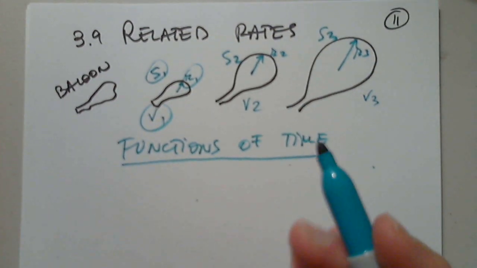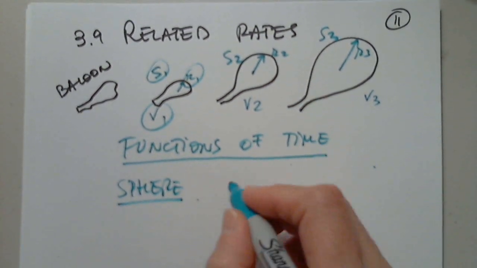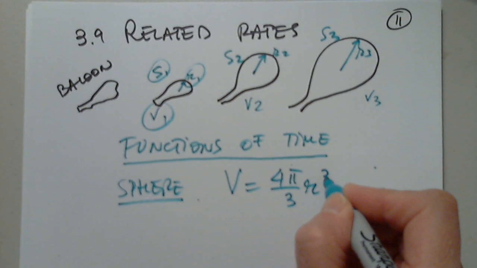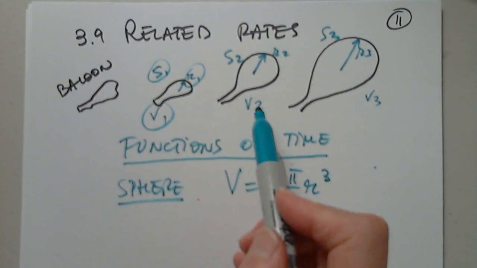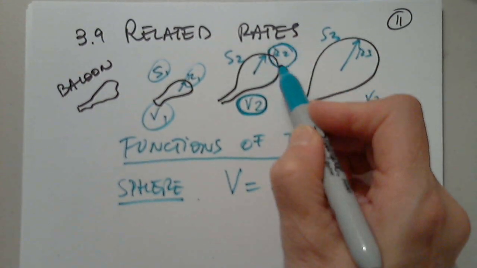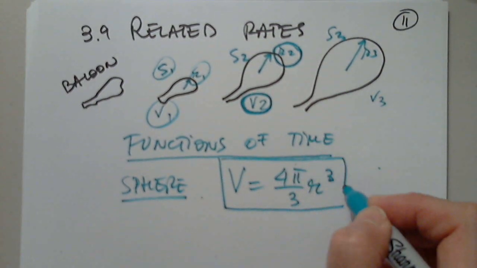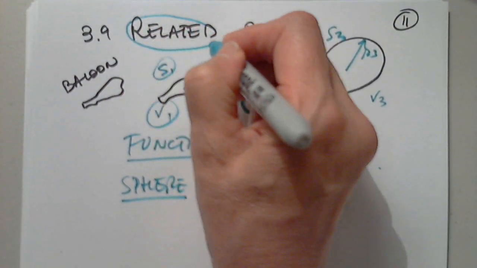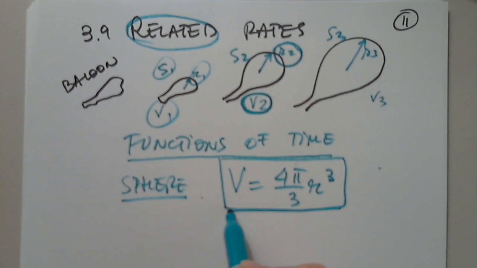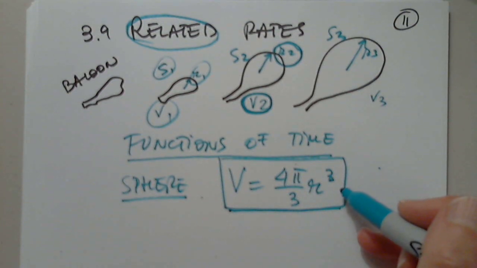So if I am talking about a sphere, let's say, the volume of a sphere is 4 pi over 3 r cubed. So the volume and the radius are connected by this relationship, are related by this equation. The volume is 4 pi over 3 r cubed.